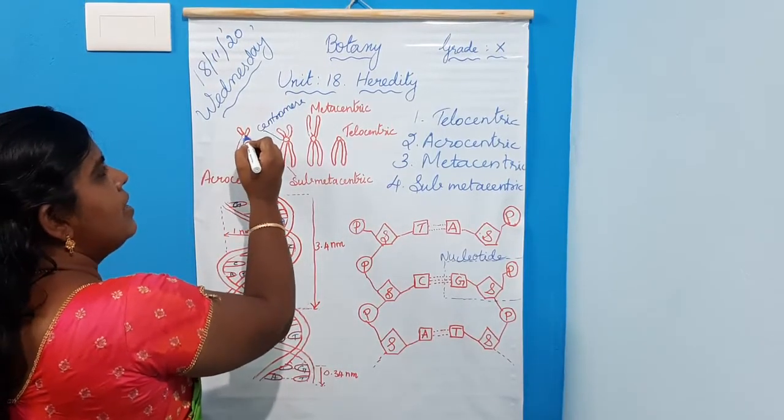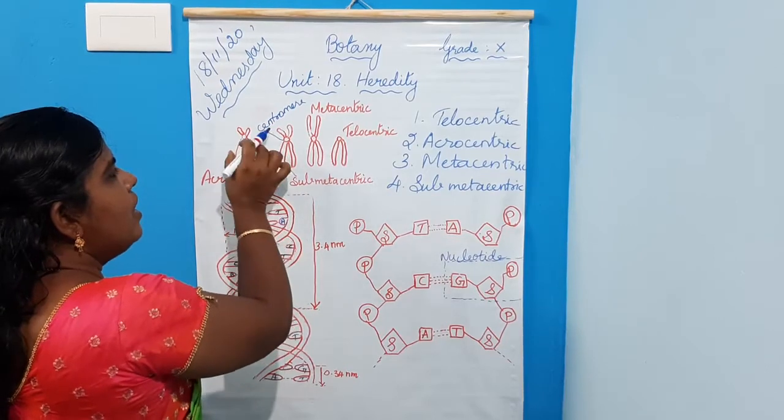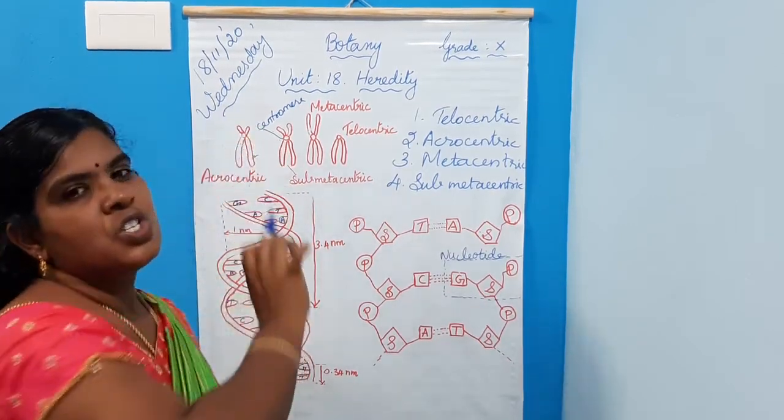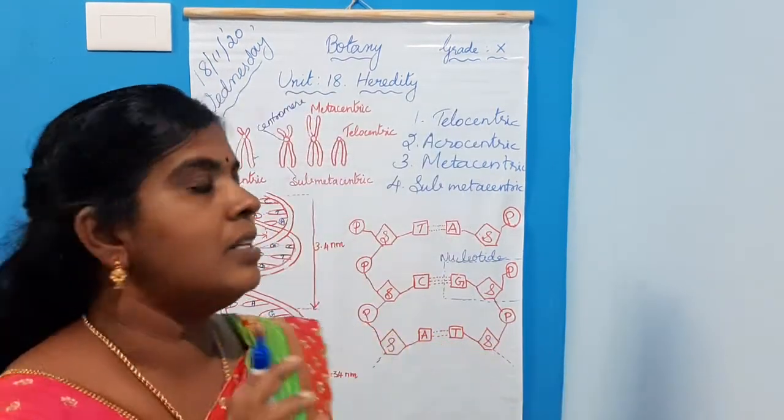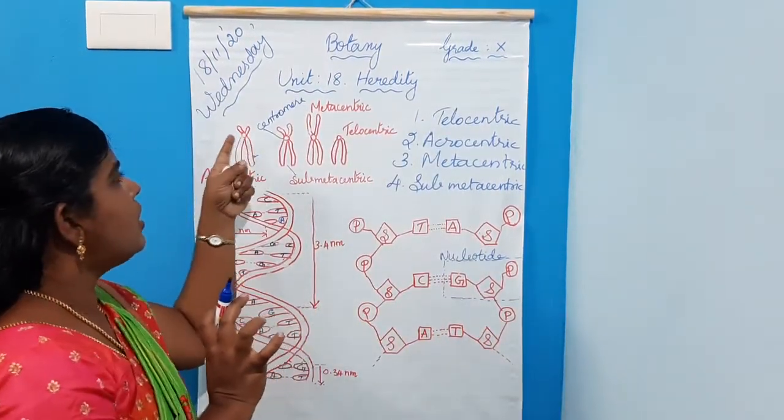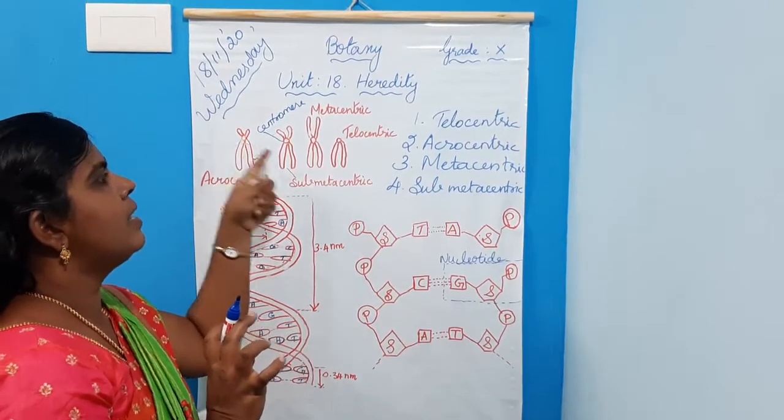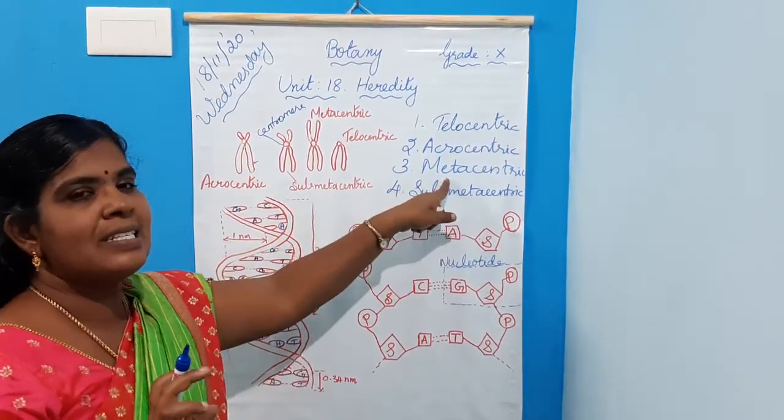These chromosomes have short and long arms. The centromere is here.